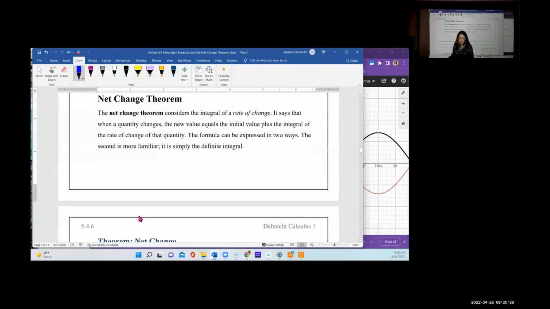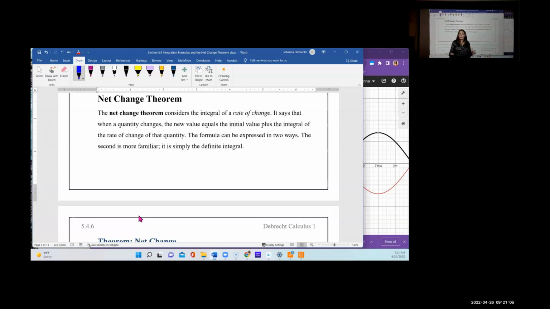Let's now look at the net change theorem. The net change theorem looks at the integral as a rate of change. So basically it says when some quantity is changed, the new value that you get out, which is basically f of b, is equal to the initial value, f of a, plus the integral of the rate of change of that quantity that changed.